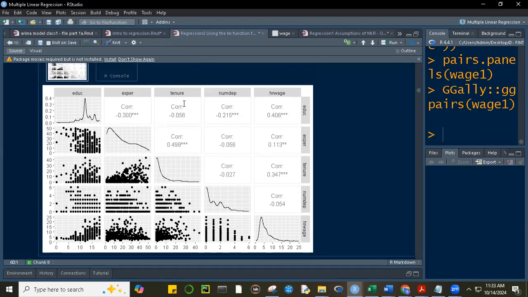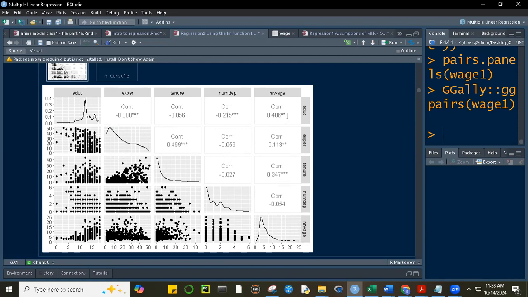So tenure. It's also on the vertical bar, so this is tenure with education. We can easily see that. And here it includes the significance, whether its correlation is significant. Because here it is not significant, not statistically significant.